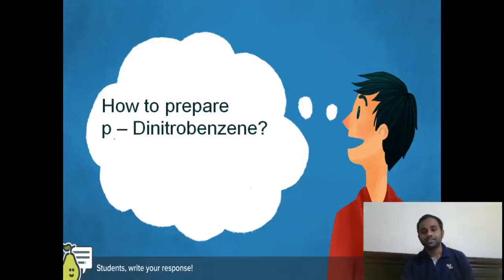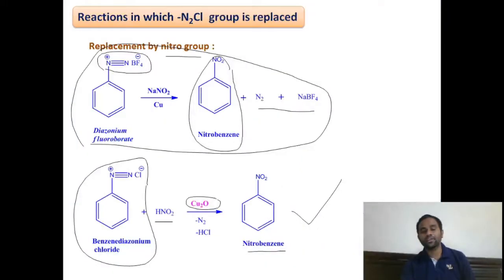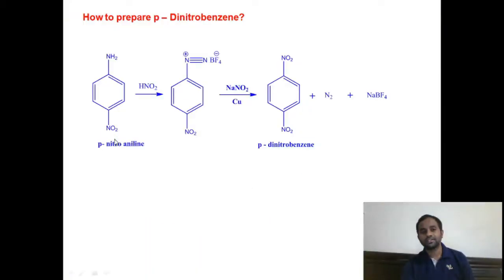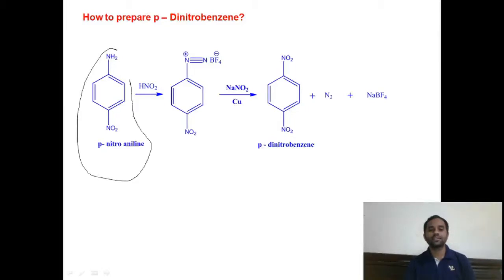Right, for that we are going to use this previous reaction to prepare this compound. You see here, very simple, this para-nitroaniline. This is the starting material which we can easily obtain just by doing the nitration on the aniline.